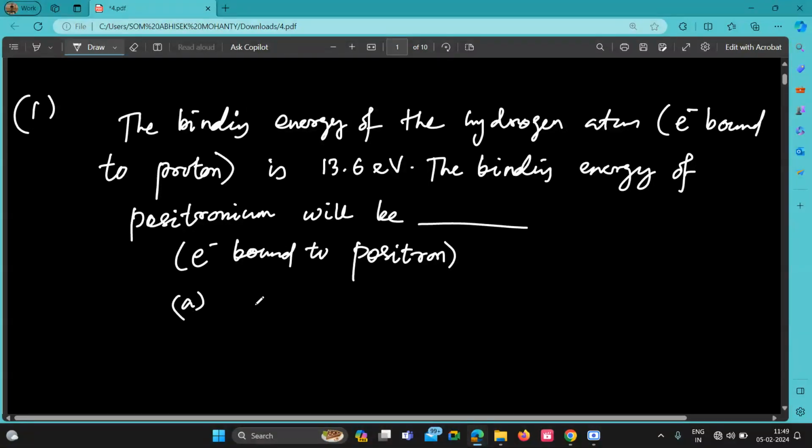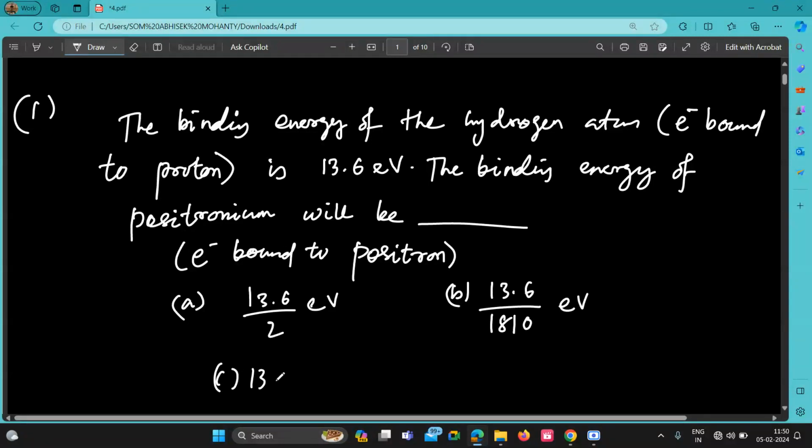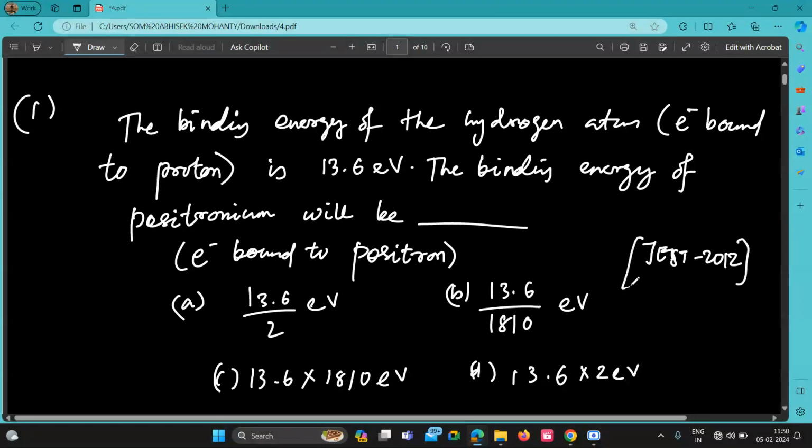The options are: 13.6 by 2 electron volt; option B, 13.6 by 1810 electron volt; option C, 13.6 into 1810 electron volt; option D, 13.6 into 2 electron volt. This came in JEST 2012. Binding energy of the hydrogen atom is 13.6 electron volt. The binding energy of the positronium will be?